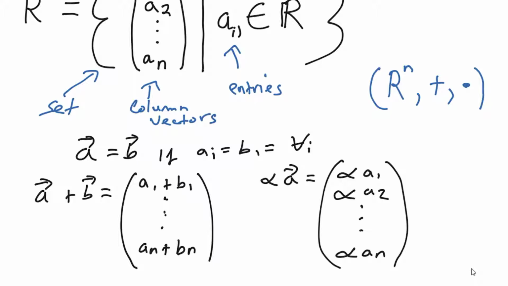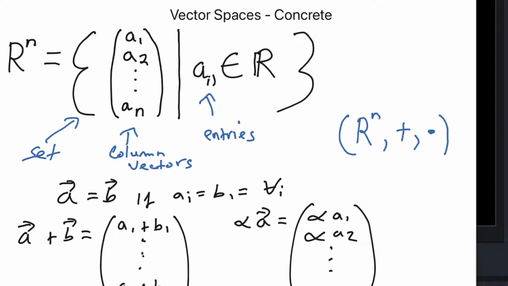And again, keep in mind that the elements for the scalar or alpha come from the R field. They could come from the C field, let's say, the complex number field, but in this case, they come from R. And remember that part of the definition of a vector space in the previous video was that a vector space is said to be over a field. So in this case, it's over R.